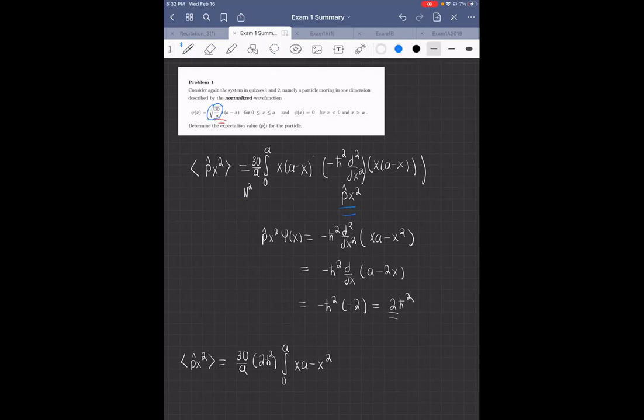I have a question about what you did in the calculation. So all you did was you took the derivative of x times a minus x twice, right? And everything else was just brought down. Yeah, that's what I did here. And also, at the top you have x times a minus x, and then x times a minus x twice.